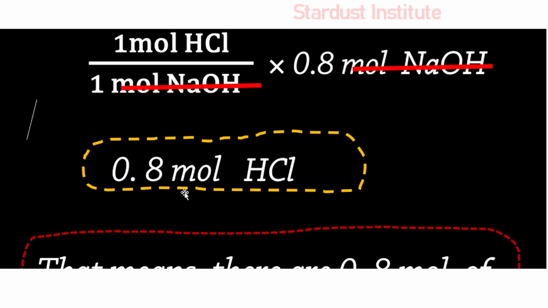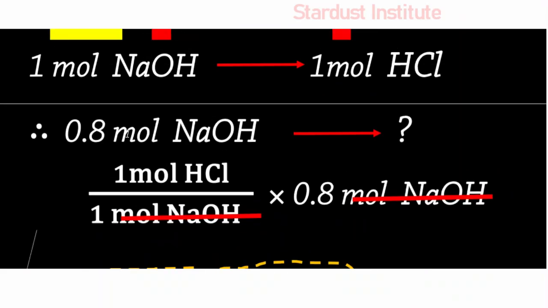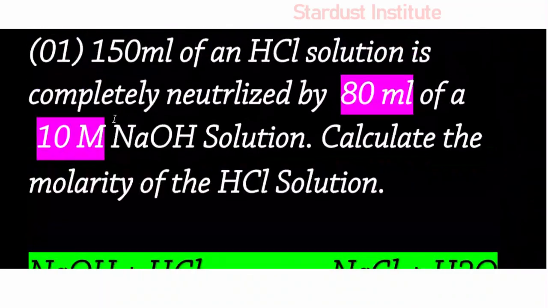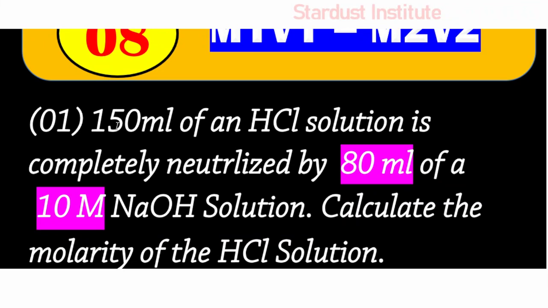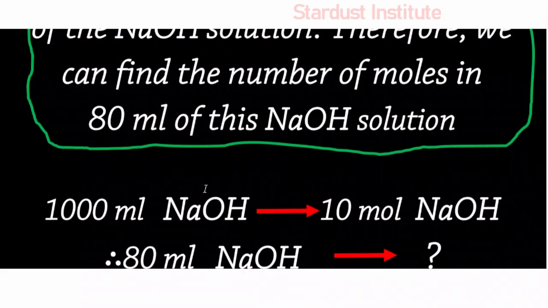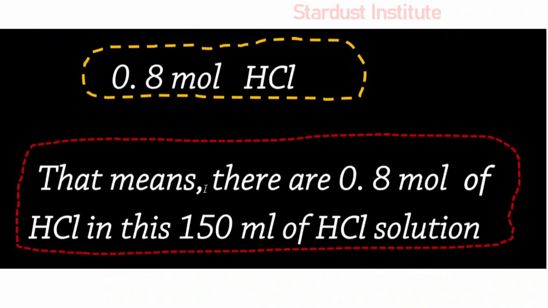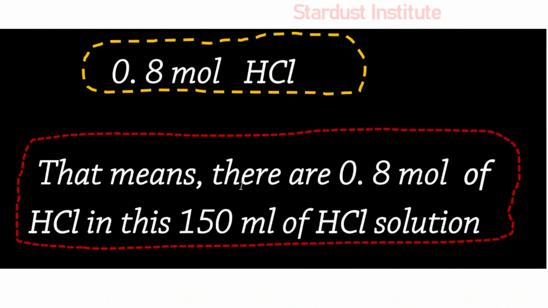These 0.8 moles of HCl are in this 150 milliliters of HCl solution. That means there are 0.8 moles of HCl in this 150 milliliters of HCl solution.